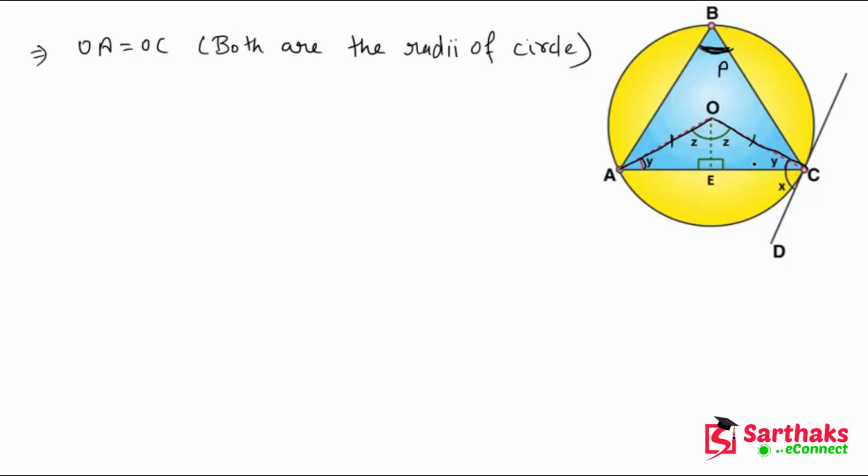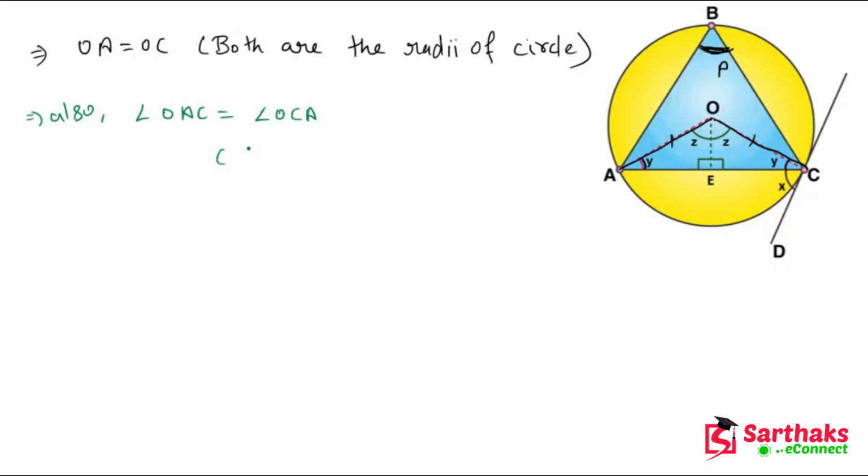Angle OAC and angle OCA are equal because triangle OAC is an isosceles triangle. These two sides are equal, and angles opposite to the equal sides are also equal. So we can write angle OAC is equal to angle OCA.